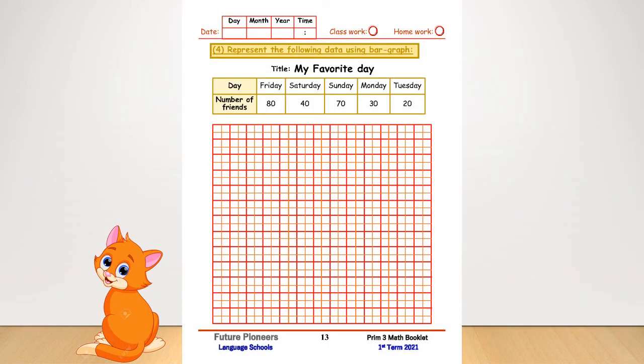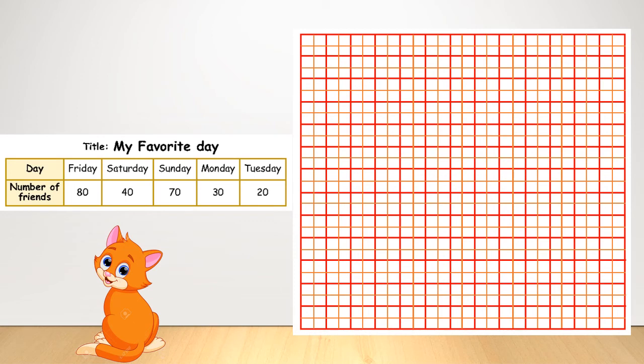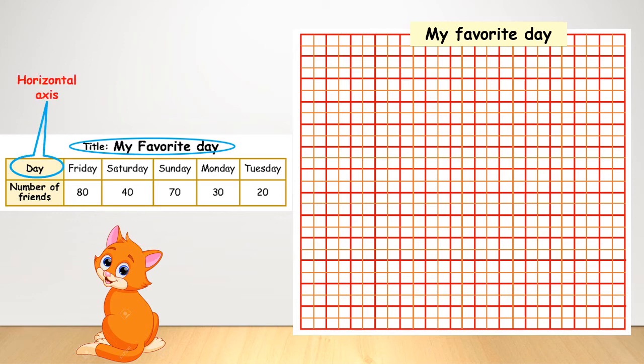Next one, number 4, represents the following data using bar graph. My favorite day. Then we go to our graph and write down our title, My Favorite Day. Okay, first X, it will be horizontal X, and draw it using your pencil and ruler, and name it with day.